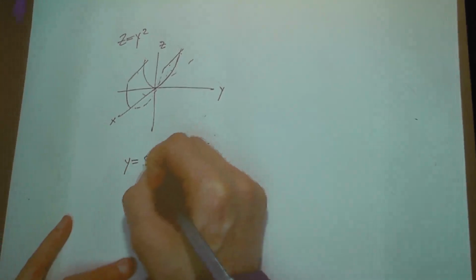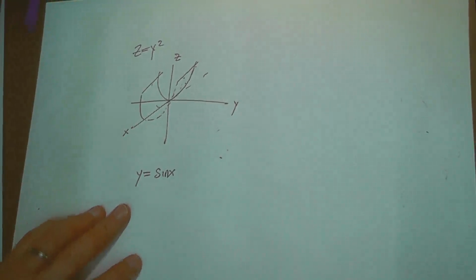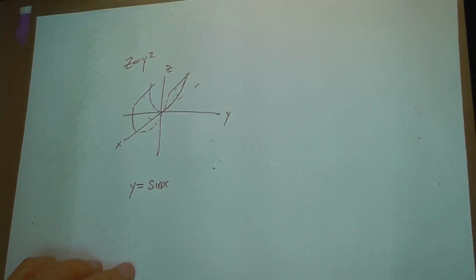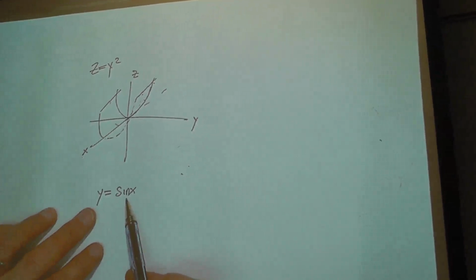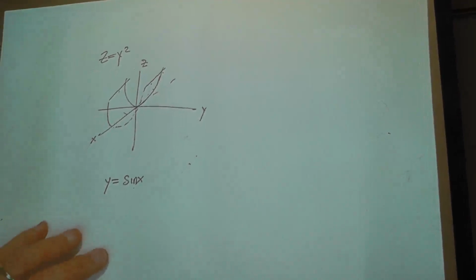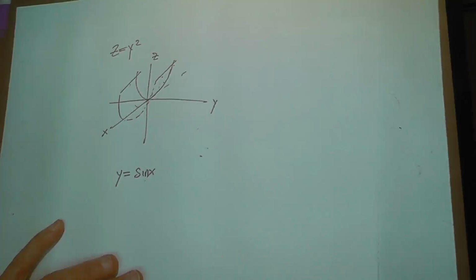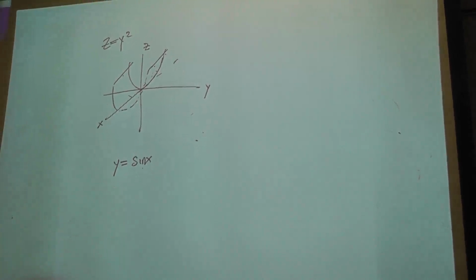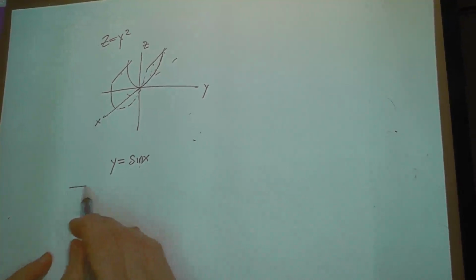You can look at y equals sine of x, and in 2 dimensions, that's your sine curve, but if I don't have z specified, it's going to take that sine curve and move it up and down along the z-axis. Orientation, that's one thing. All right? Okay.